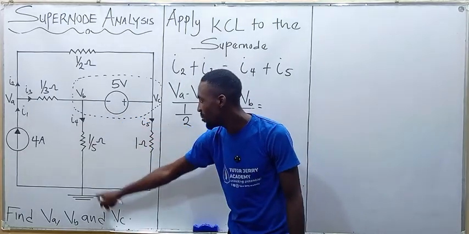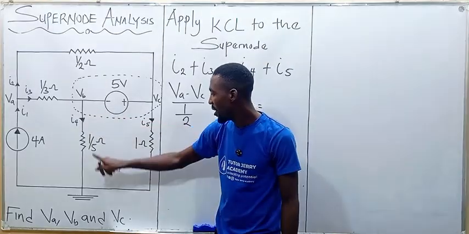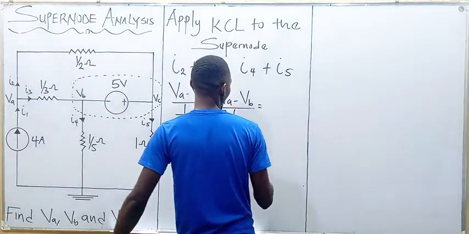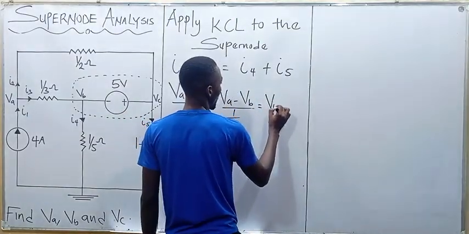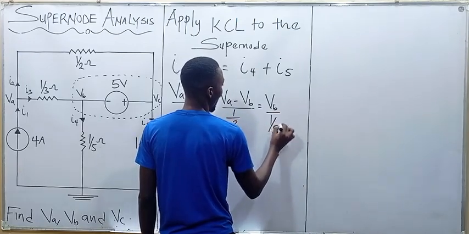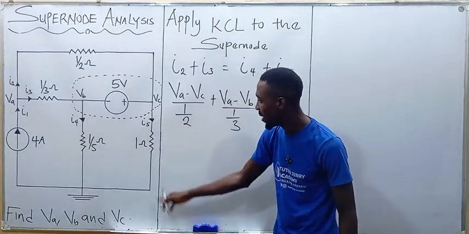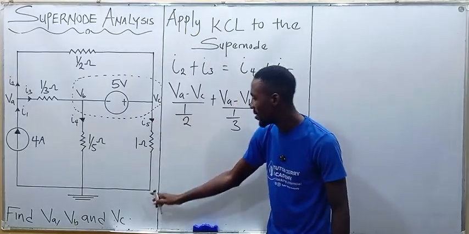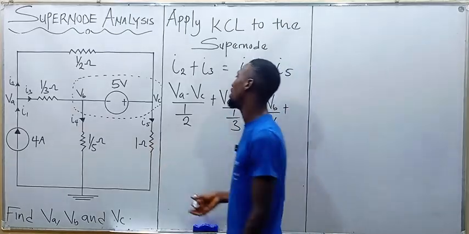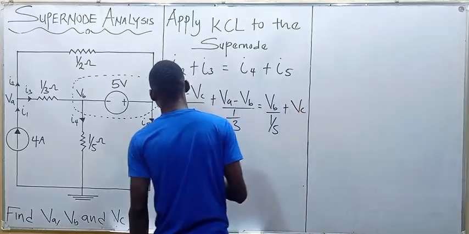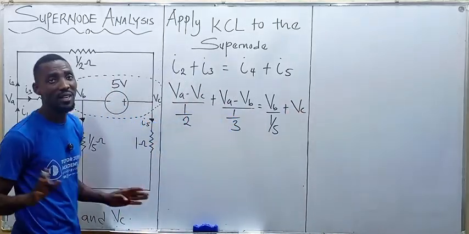Our I4 is in this branch, so it's VB minus 0 divided by 1 over 5, and VB minus 0 is VB, so VB all over 1 over 5, plus I5. I5 is in this branch, so it's VC minus 0 all over 1, which is VC. I hope you understand this.